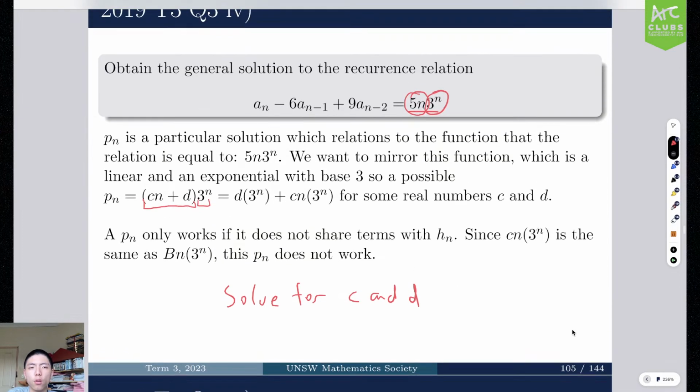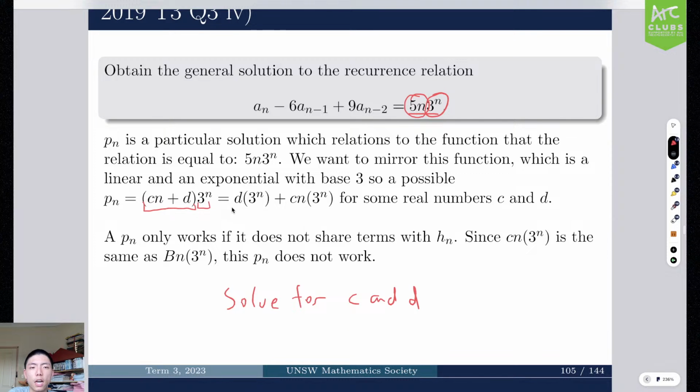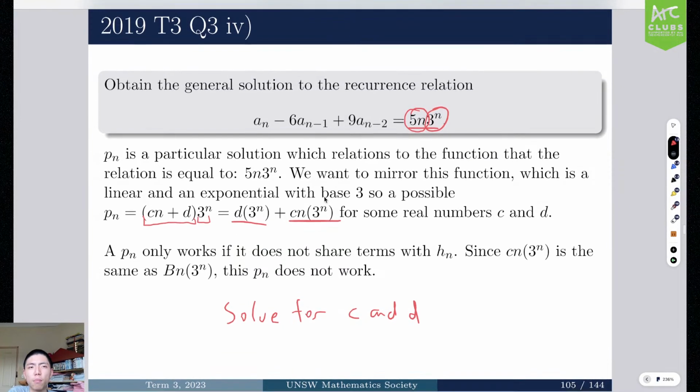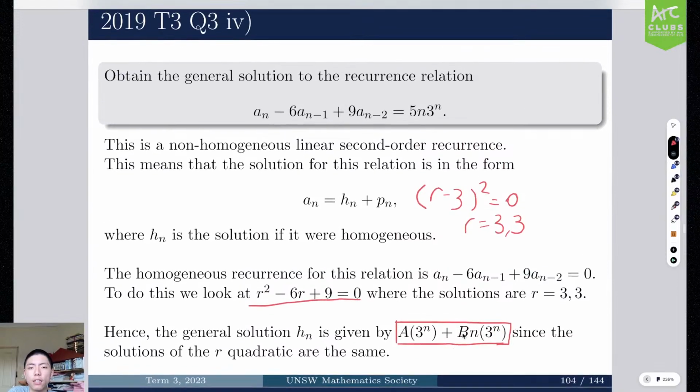Note that this is d times 3 to the power of n and cn times 3 to the power of n. That is an issue because we remember that Pn only works if it does not share terms common with Hn. The takeaway is that you keep on multiplying n to Pn until you get something that does not match the terms here.